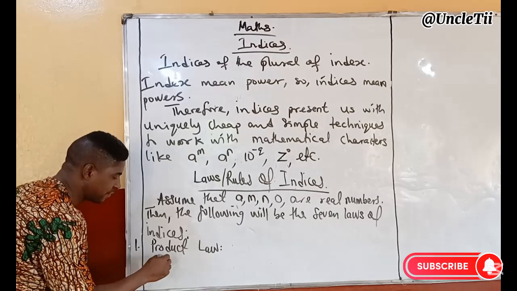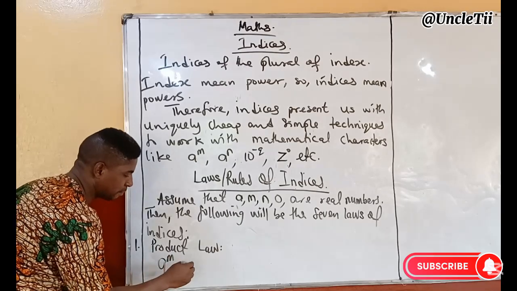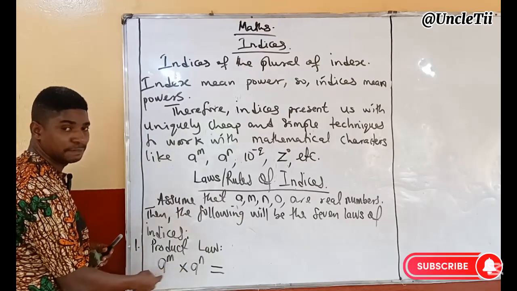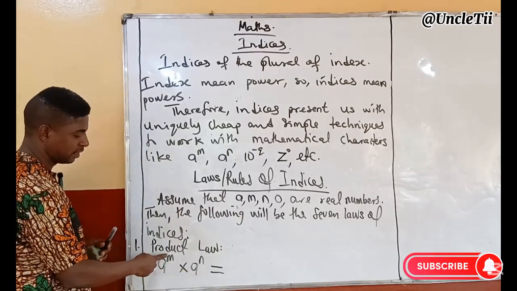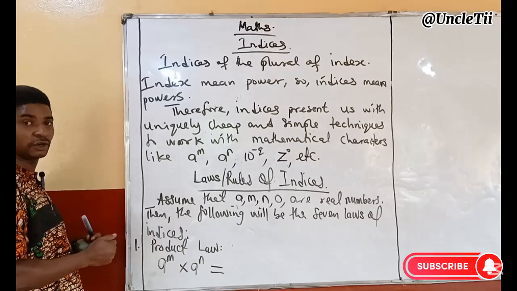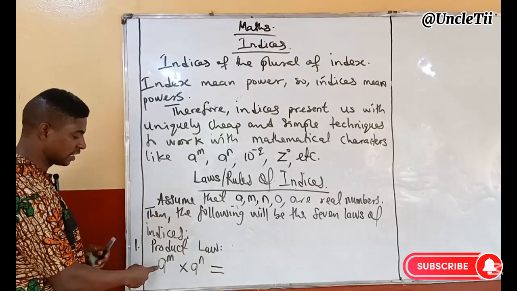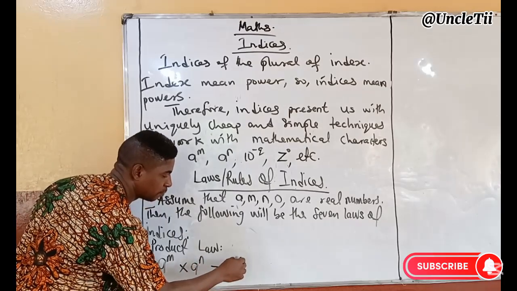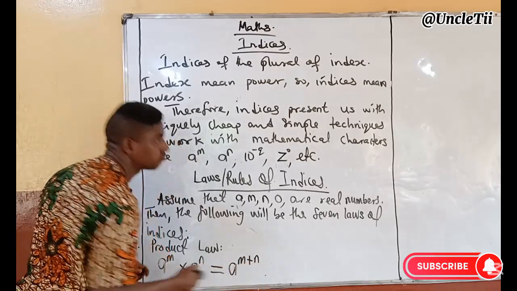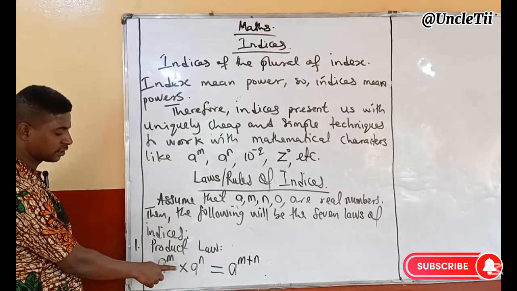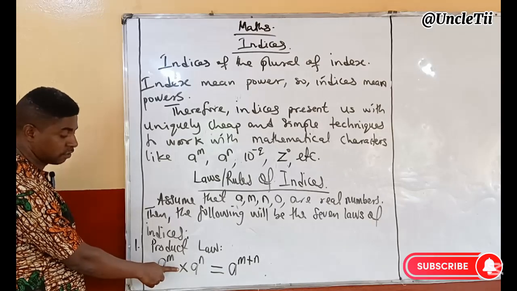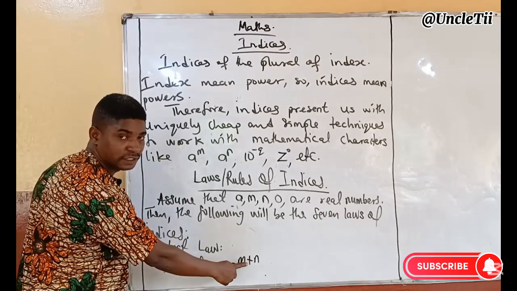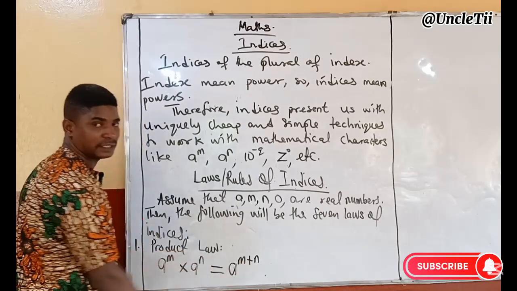If I have a^m multiplied by a^n, you notice that the bases are the same. It is the powers or indices that are different. The law says a^m multiplied by a^n will give us a^(m+n). In other words, multiplication of the base translates to addition of the indices or powers.